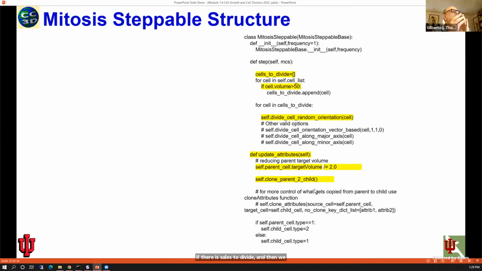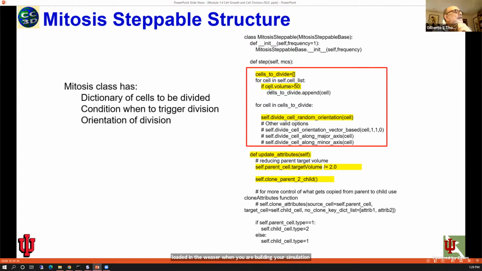Sure. This is the structure of the steppable. It's a class loaded in the wizard when you are building your simulation. It has the first block here, where you define the event that triggers the division.